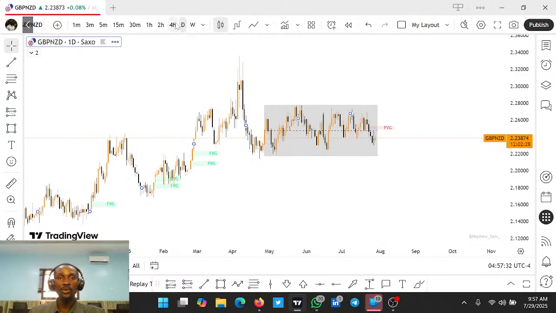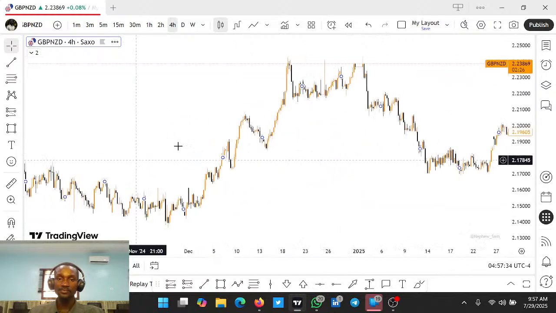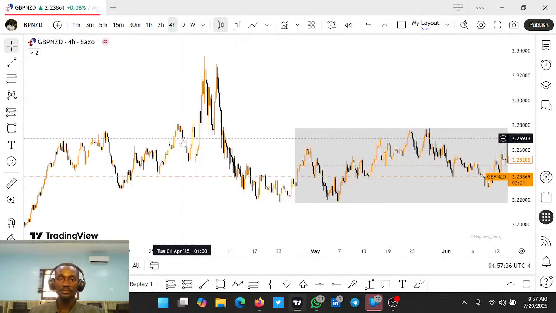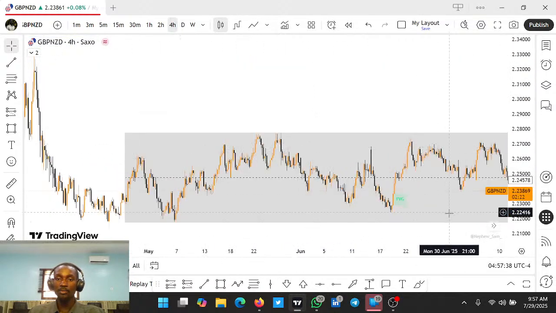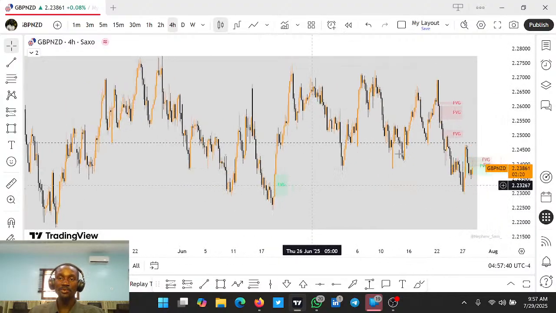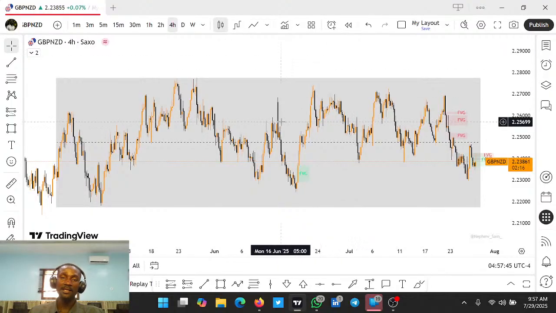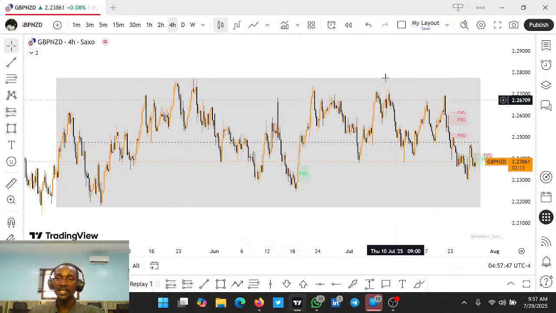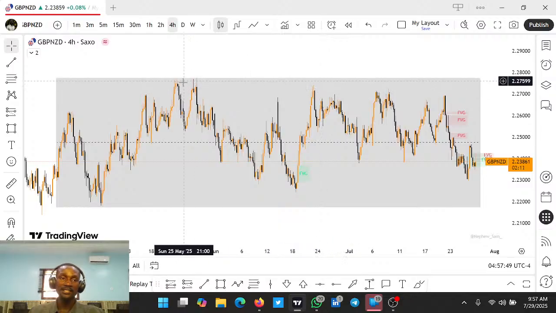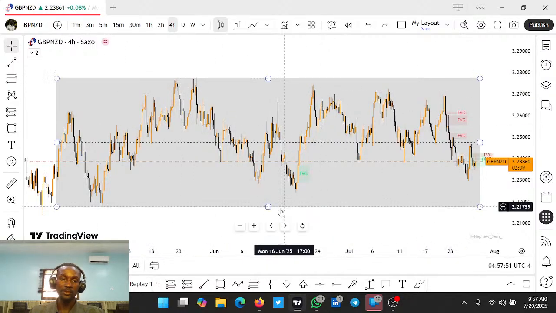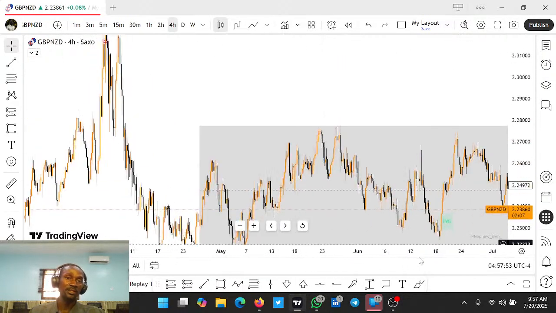So now let's go to a lower time frame. But clearly, GBP has been ranging. This is not a clear price action. The market has just been moving between the supply zone and the resistance level here.